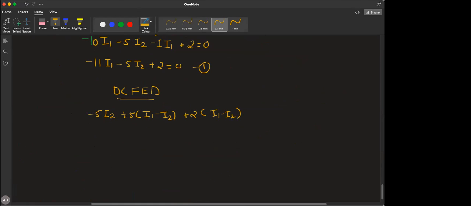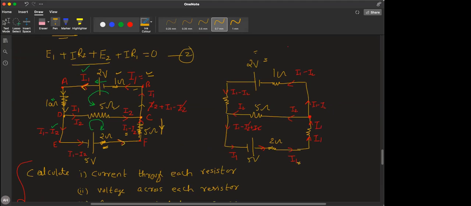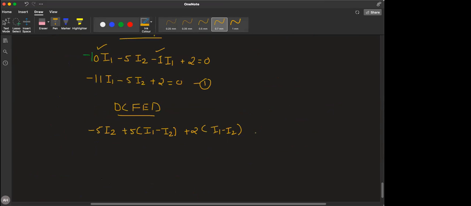You're going from this higher to lower terminal. It's rise or fall? Fall in potential. So it will be minus 5. So minus 5I2 plus 5I1 plus 2I1 minus 2I2 minus 5 is equal to 0.